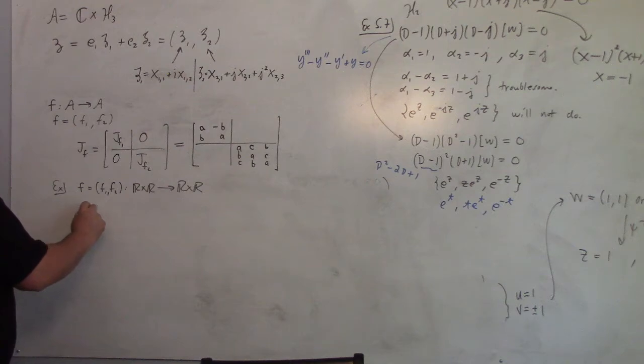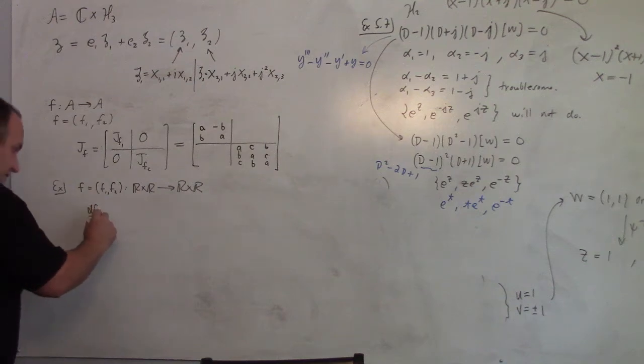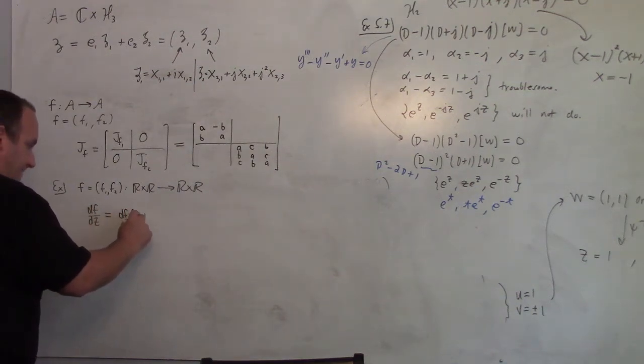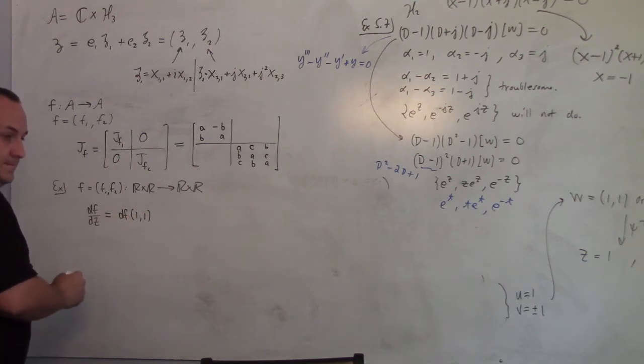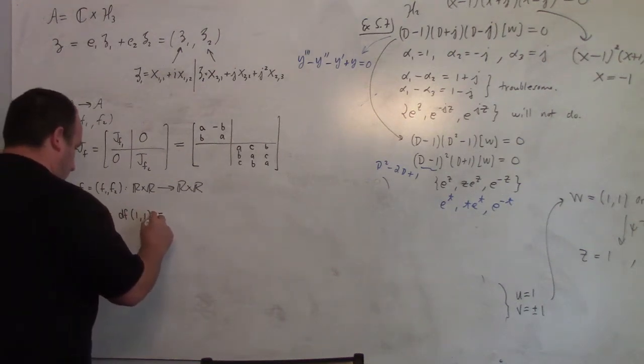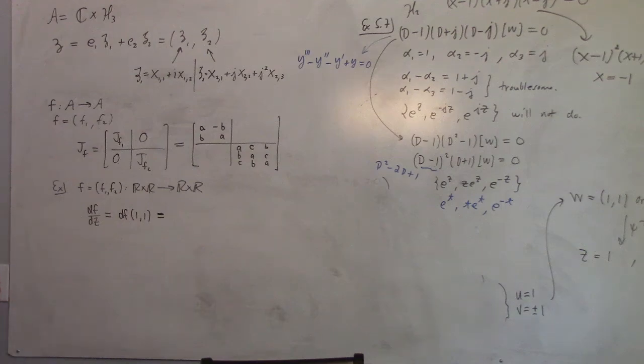then df dz, what is that? That is the differential of f acting on 1. It's just the identity, right?